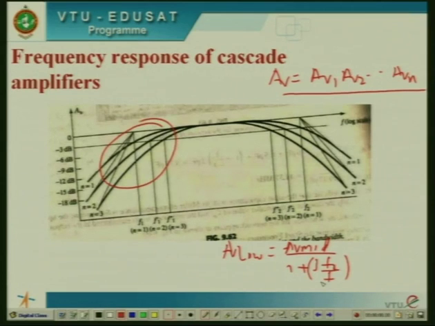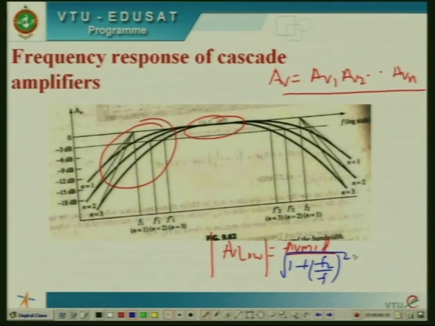If F approaches infinity, then this is equal to 0, and the mid band gain is equal to 1, you are assuming this value. If you take the magnitude of this, then this expression becomes the square root of 1 plus FL by F whole square.